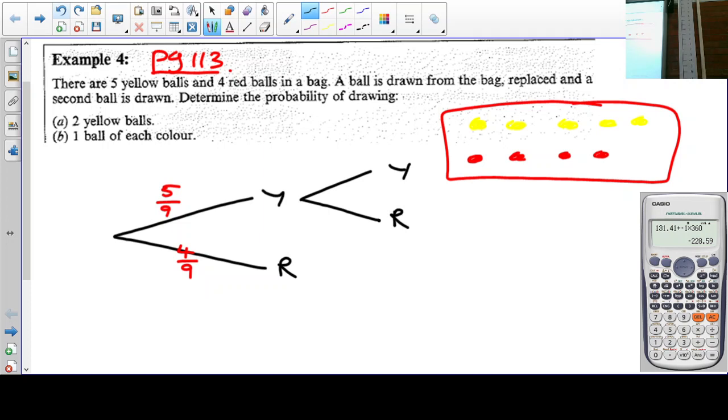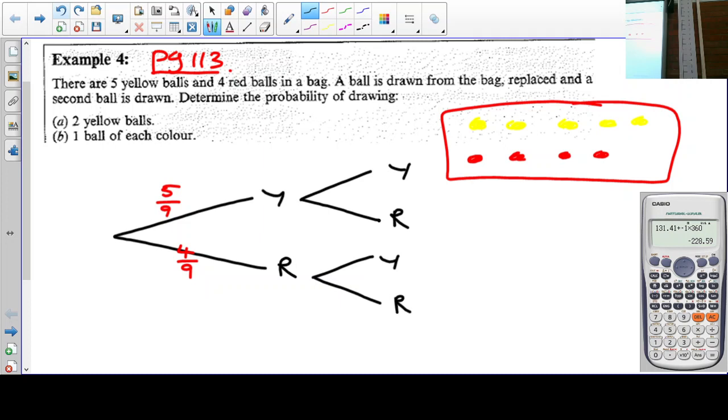If I draw a red ball on the first draw, and I replace that red ball again, then what are my outcomes on my second draw? It'll still be yellow and red.